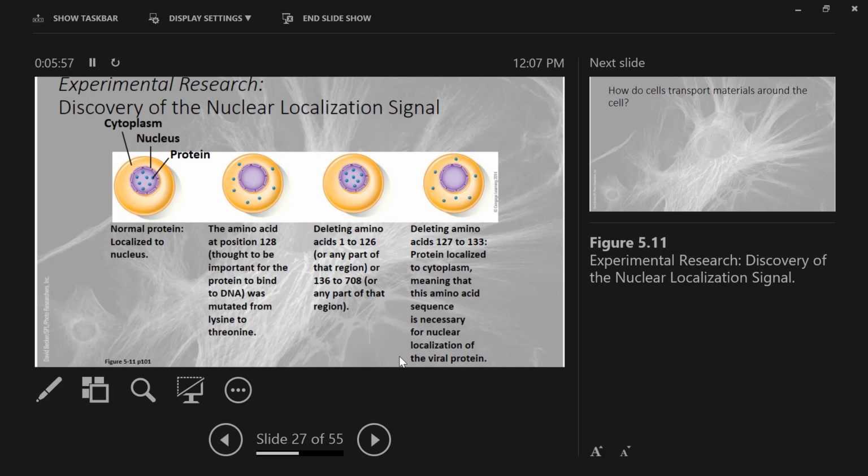So a mutation in a portion of the gene that changed a very specific point of the primary sequence of this protein, the amino acid at position 128, actually kept the protein functioning, but it couldn't get to the nucleus. And this showed that there was something within the protein itself that was a label enabling the cell to transport it to the nucleus. All right?